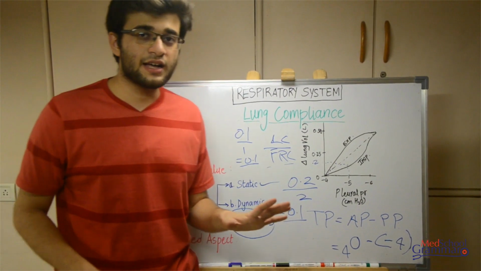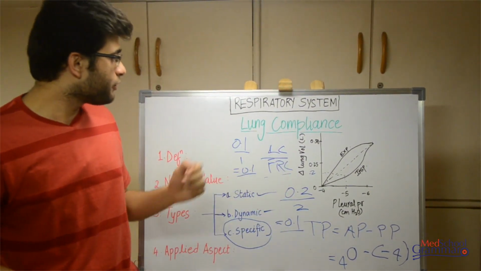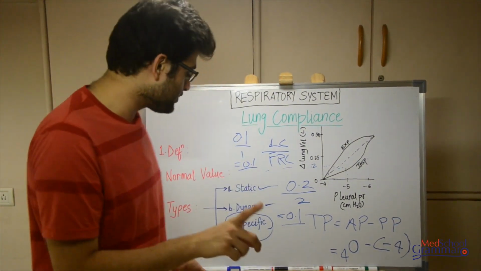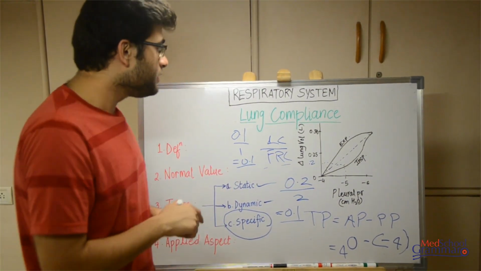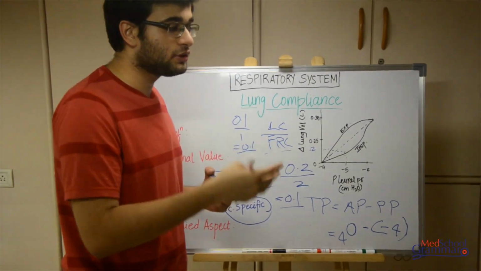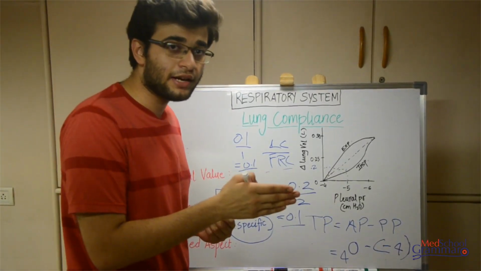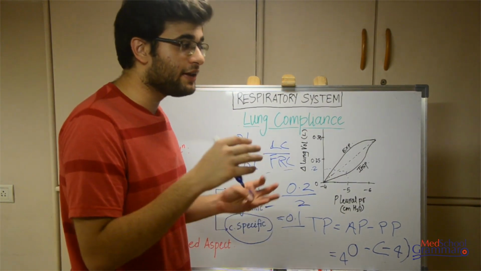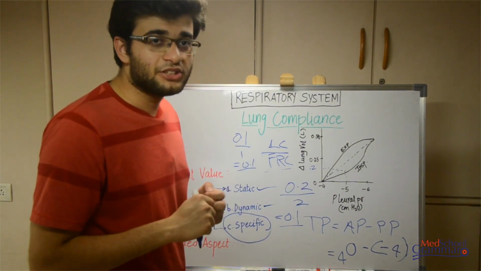If a question is asked about lung compliance or describe lung compliance, you also have to just mention all these parts. And one more part that you have to mention over here is about surface tension, that I forgot to mention over here. The lung compliance is due to two things. 1/3 of the lung compliance is due to the elastic forces and the various physical forces that oppose the expansion of lungs.